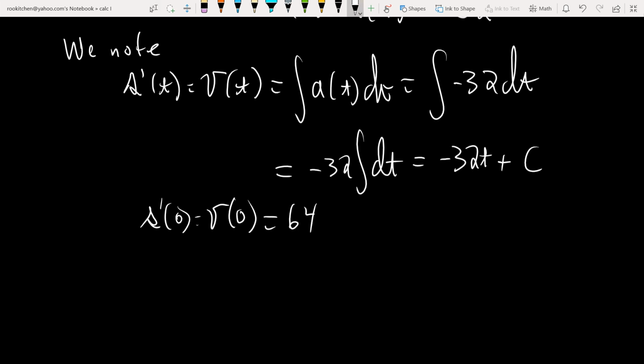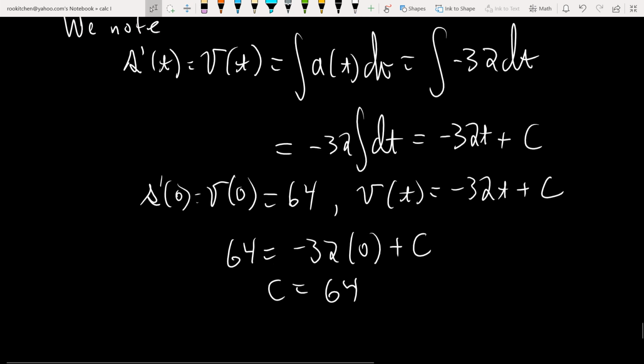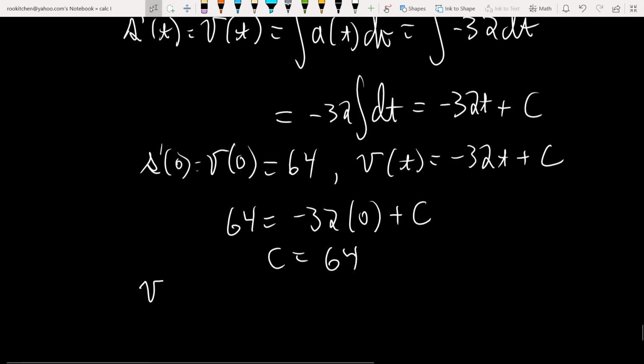So substituting in, v of t is negative 32 t plus c. V of 0 is 64, so that'll be negative 32 times 0, just substituting in 0 for t, plus c. So c must equal 64, and we can rewrite our velocity equation as negative 32t plus 64.